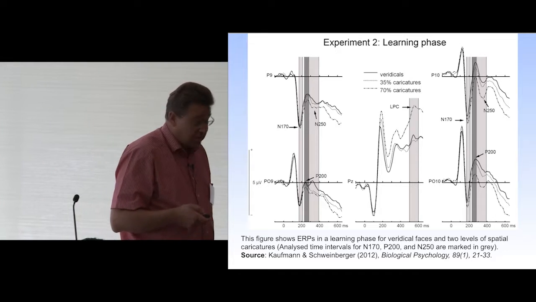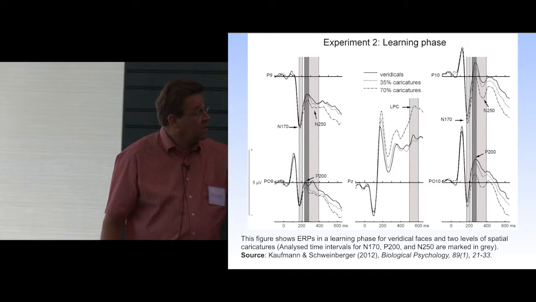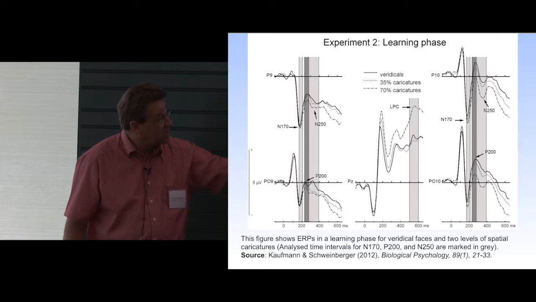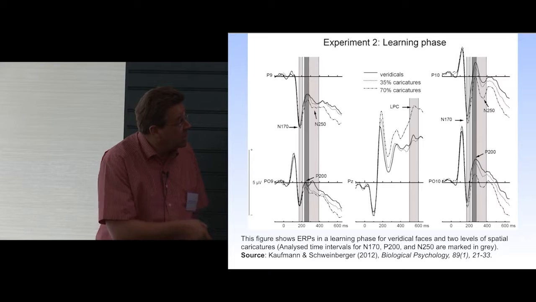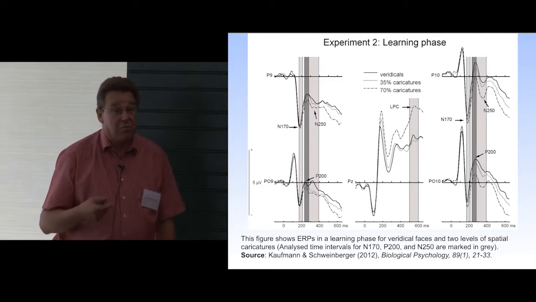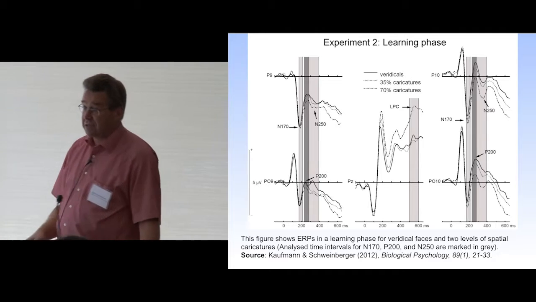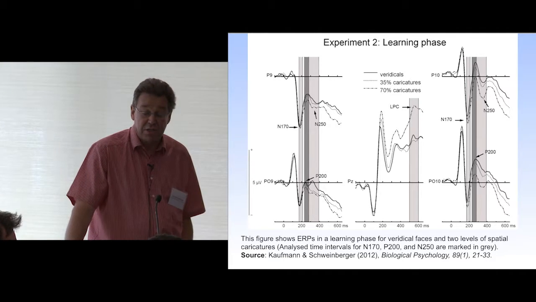The right hemisphere electrodes are on the right-hand side. So what you can see here, the P200 is large for veridical faces. If you look at the PO10 electrode, where it's clearest, it's reduced a little bit for moderate degrees of spatial caricaturing, and there's a massive reduction for strong degrees of spatial caricaturing.